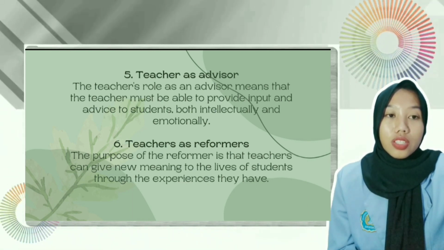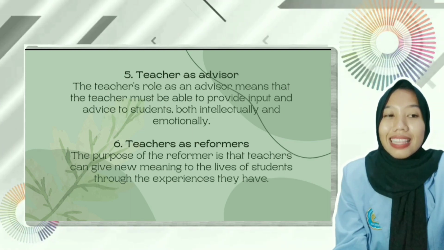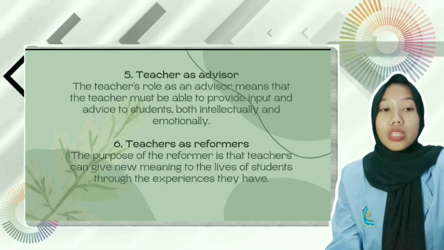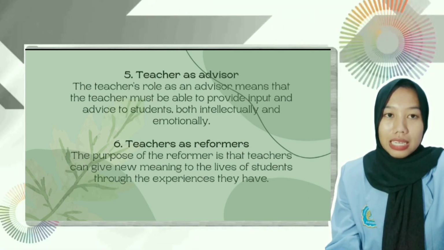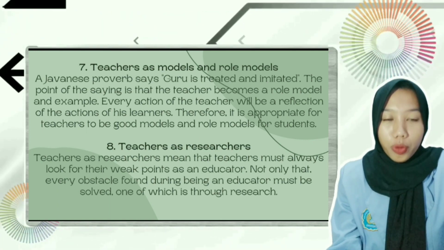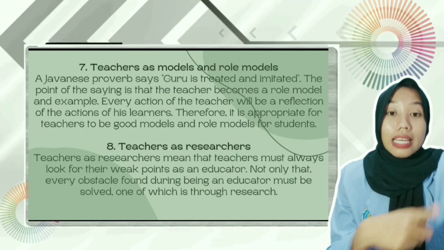And the sixth, there are teachers as reformers. The purpose of the reformer is that teachers can give new meaning to the lives of students through the experience they have. The 7th is teachers as models and role models. A Japanese proverb says, "Guru is treated and imitated."